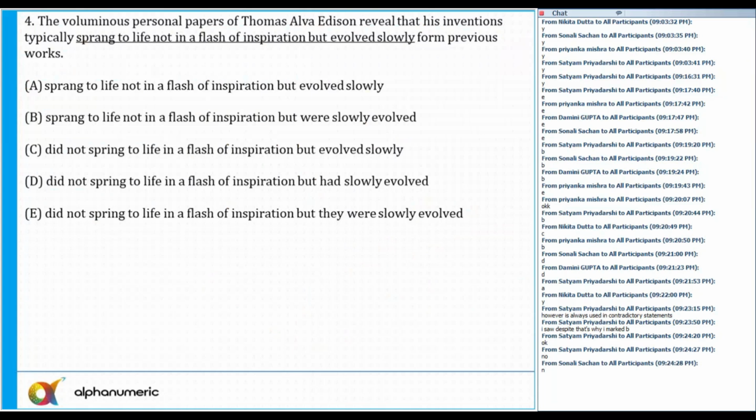I think over here the spelling is wrong. It should be from and not form. Okay, so what do you think? Is there any problem here? Can you tell me what is the problem, if at all there is a problem? Okay, I'll tell you.